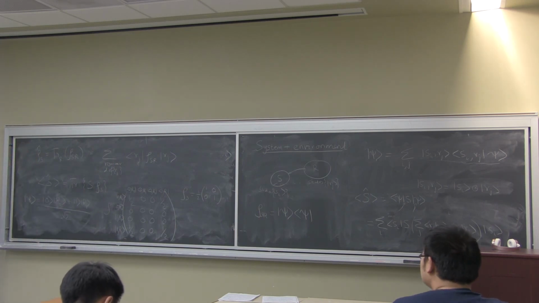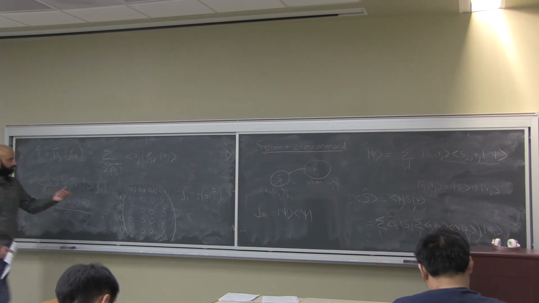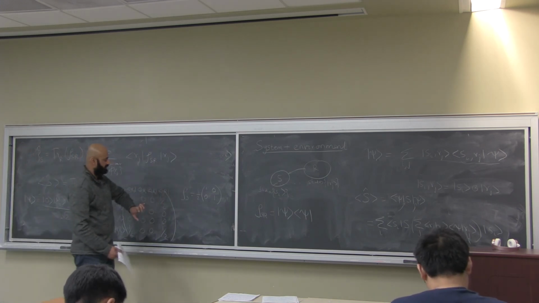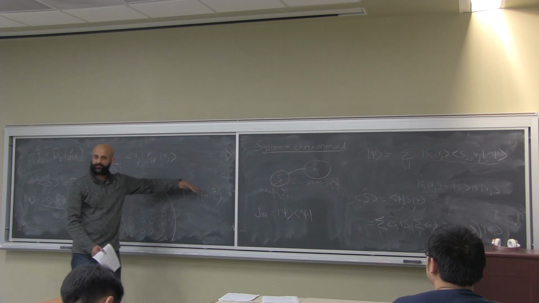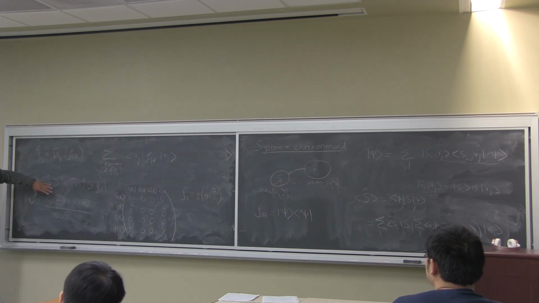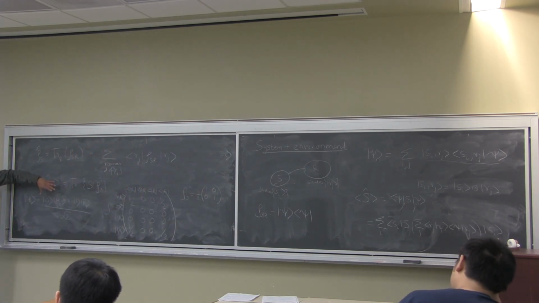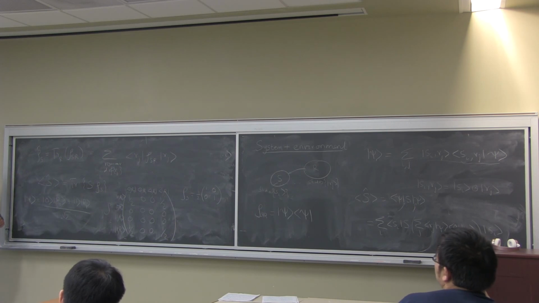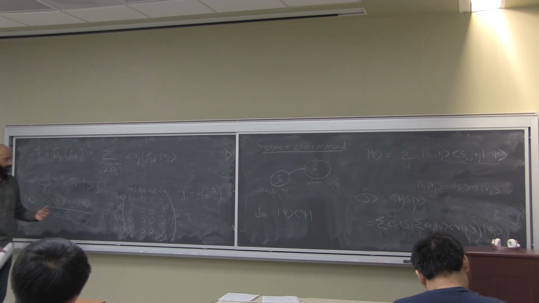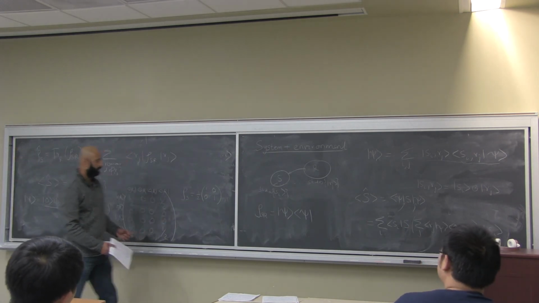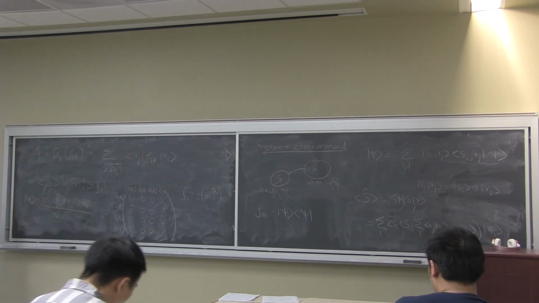So the system density matrix looks as though it has no coherence on the off-diagonal elements, even though the full system started out with a coherence between the R0 and R1 states. By tracing out the reservoir degrees of freedom, we end up with a mixed state of the system.